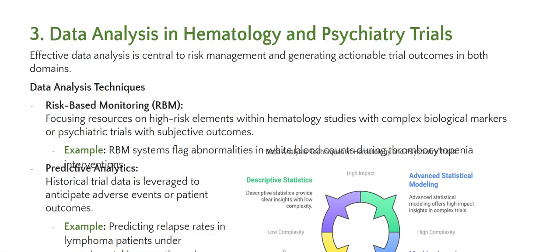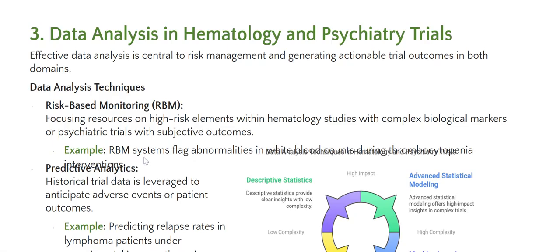And here is a summarized diagram on the data analysis, as here we have divided into four areas: high impact, high complexity, low impact, low complexity, and here we have descriptive statistics, advanced statistical modeling, machine learning algorithms, and basic data entry.